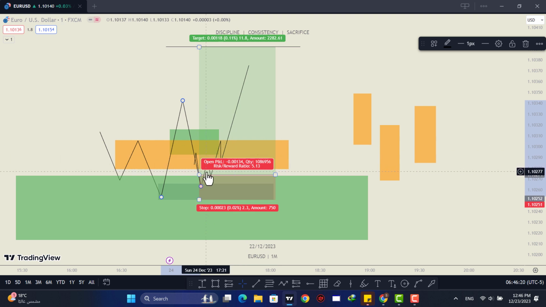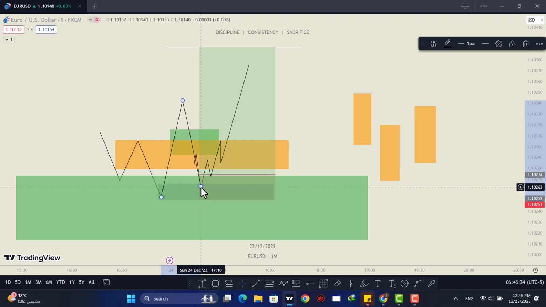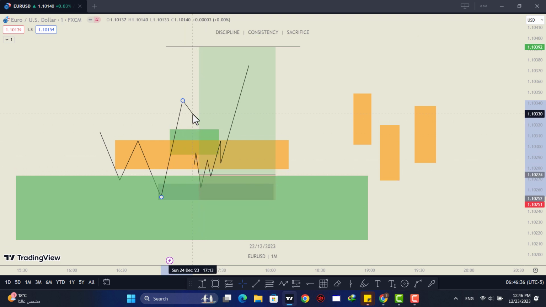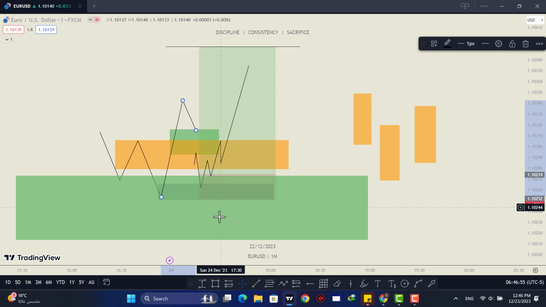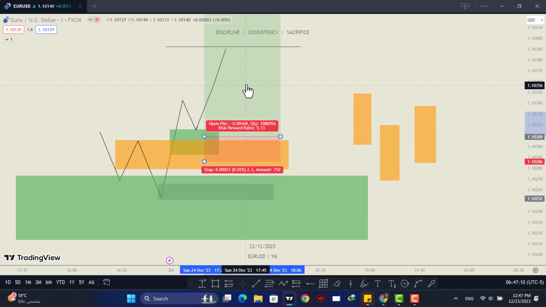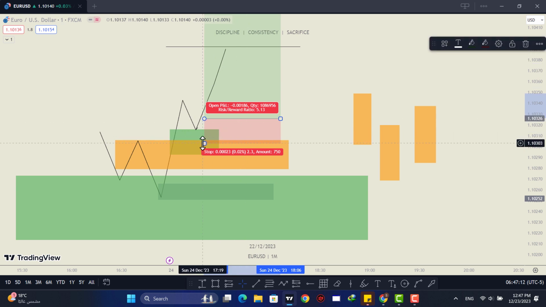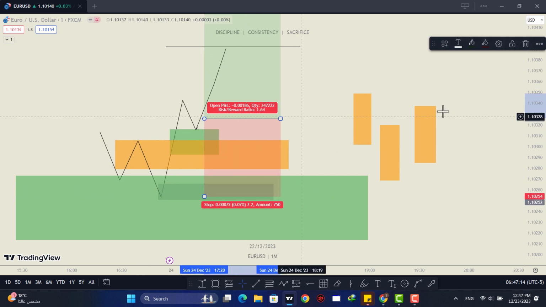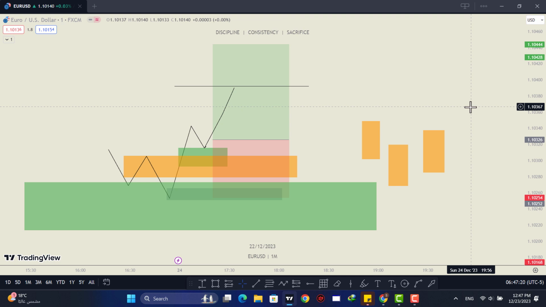Now for the disadvantages, there are some, and one of them is that the swing will form around here, so we'll get a worse RR. So maybe price just tapped into that fair value gap and the swing was formed here, I don't know, something like here. And now you need to take your entry from here and your stop loss is wide. But for me, this is not really a problem because I have a fixed RR, which is 2.